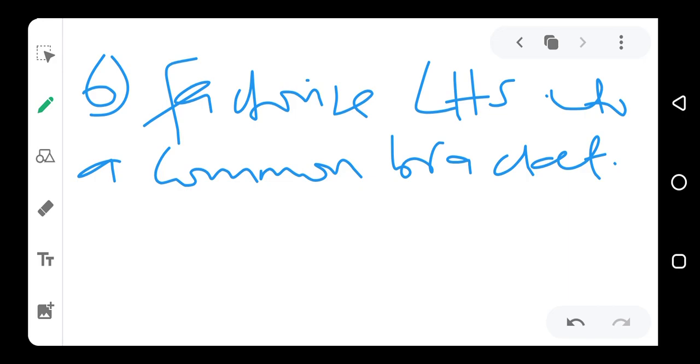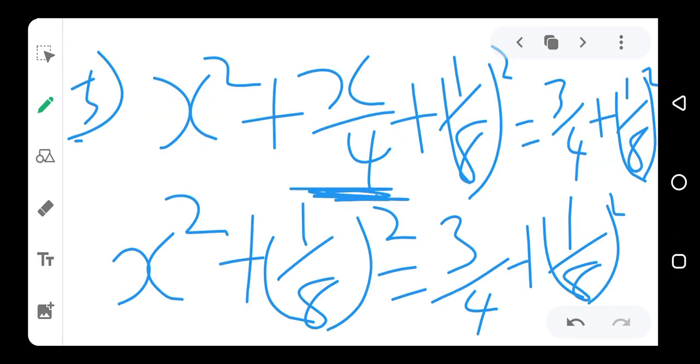Now what we do there is that the left hand side is x squared plus 1 over 8 squared. We have the same power for two of them, so we put two of them inside one bracket and use one and raise them to power 2.